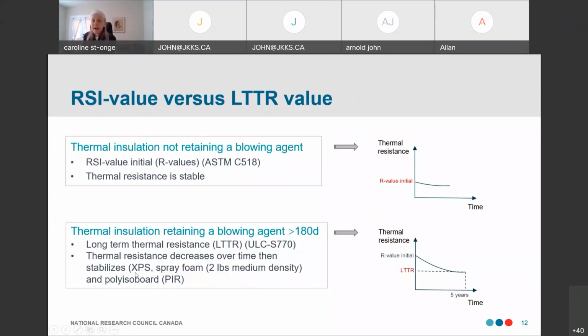This is valid for XPS, spray foam, which are medium density, so the 2-pound foam, and polyiso board. So the test is a little bit different. It's ULC S770 that is performed in order to determine the LTTR.